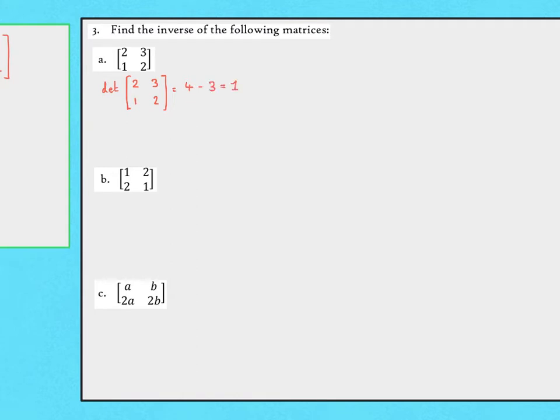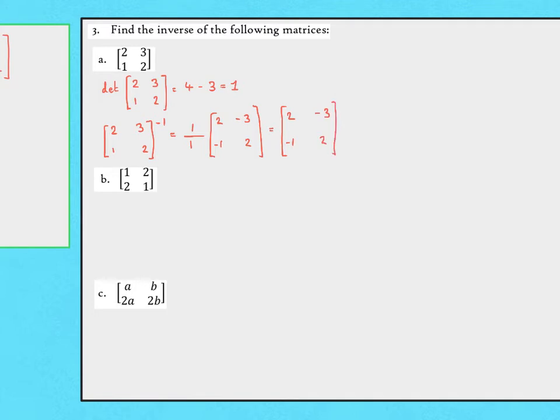So the inverse of 2, 3, 1, 2 is just equal to 1 over 1 times by swapping the 2's over, well that makes no difference in this case, and then multiplying the other diagonals by minus 1, which is equal to 2, minus 3, minus 1, 2.